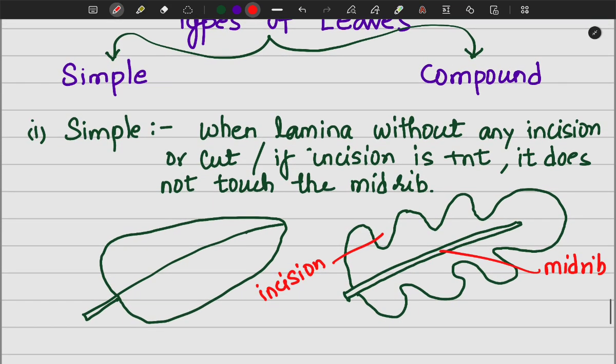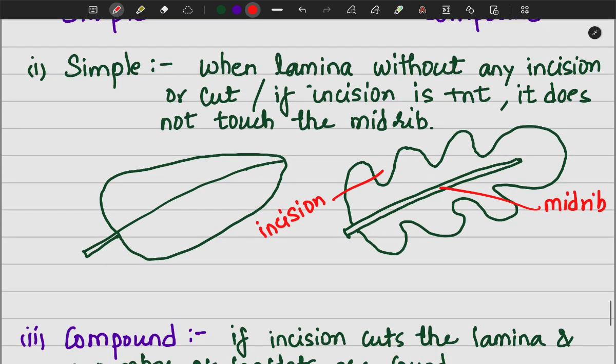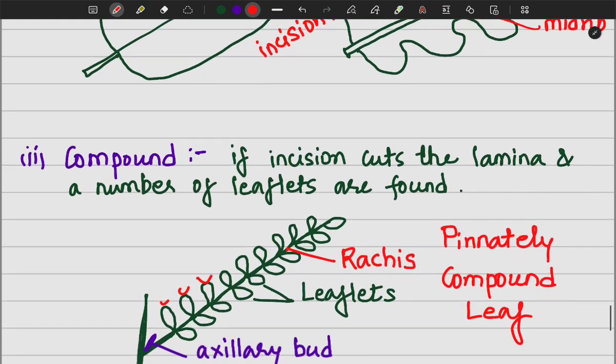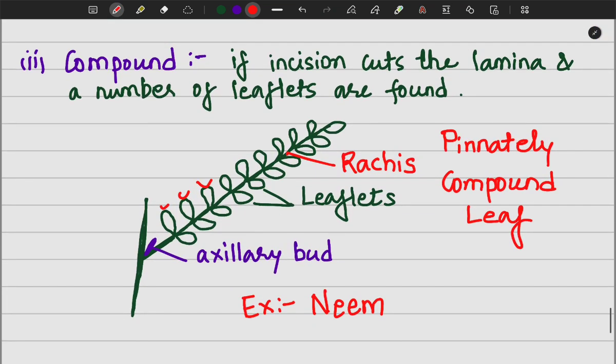Simple leaves are those in which the lamina is full, or if any incision is present, then the incision does not touch the midrib of the leaf. If the incision touches the midrib of the leaf, then the whole leaf gets divided into different leaflets. Then depending on how these leaflets are arranged, we can divide the compound leaves into two types, pinnately compound and palmately compound.